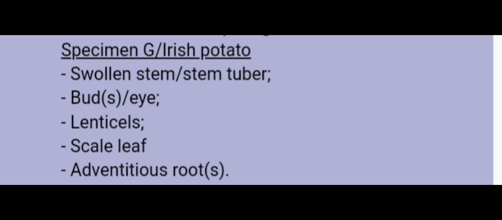Now why are we classifying Irish potato under stem tuber? Now I want to point this out. The easy part is for you to look at a specimen and identify it. Let's say a simple specimen like mango fruit is kept on your exam table, and it's labeled maybe specimen N. You're asked, identify specimen N. It's easy for you to look at it and say specimen N is a mango fruit, right?